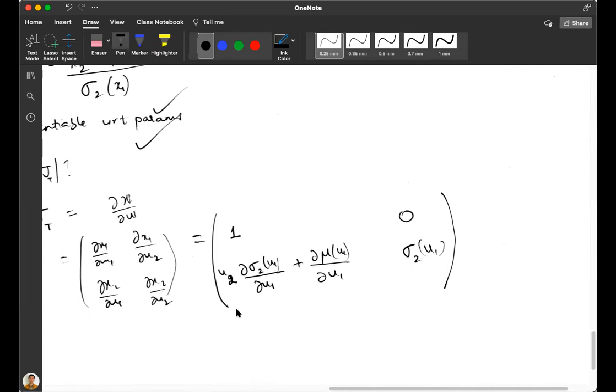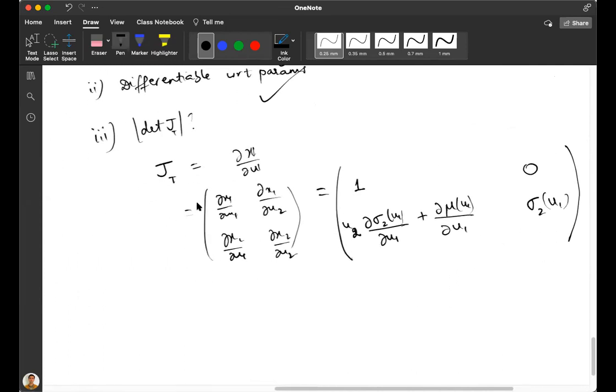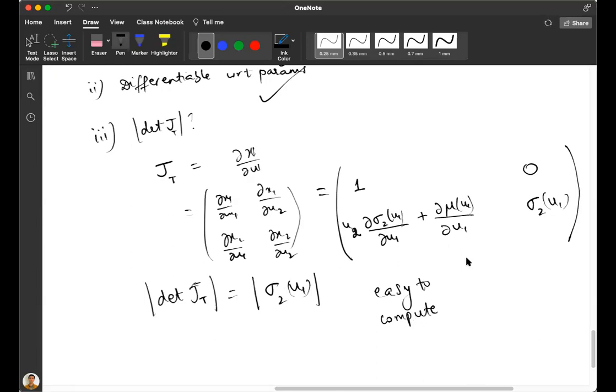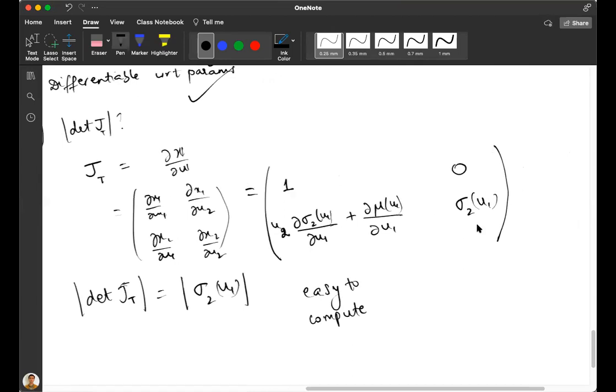Okay, it looks like a complicated term. Now, what is the determinant of this thing? It's 1 into sigma 2 of u1. It's a very simple thing, right? So easy to compute. So why is this so easy to compute? Because this matrix has a property.